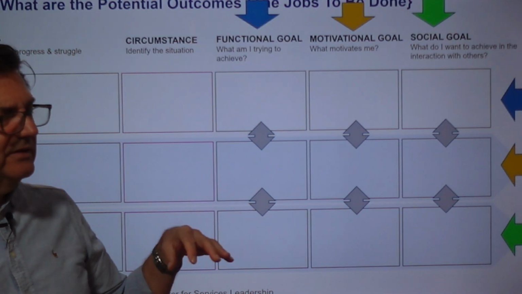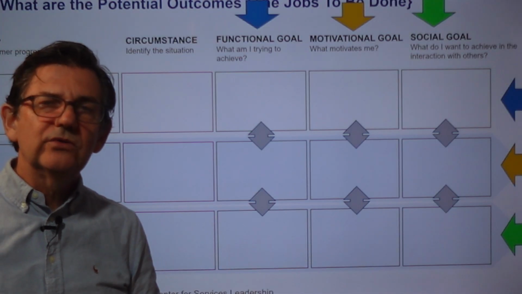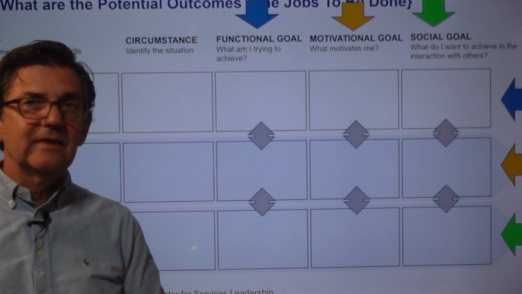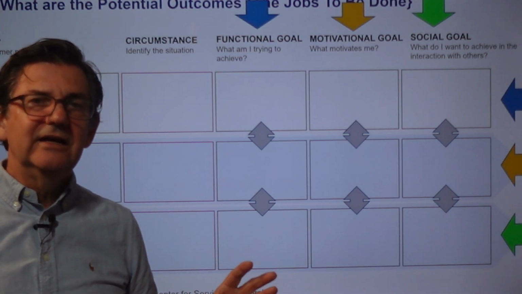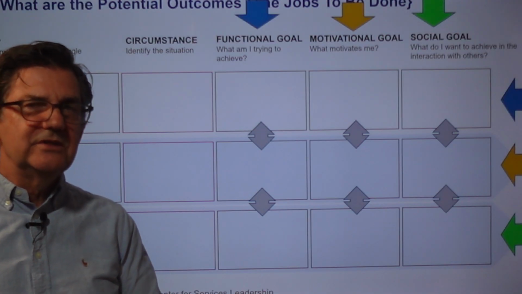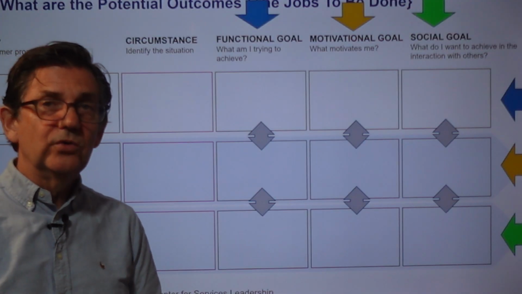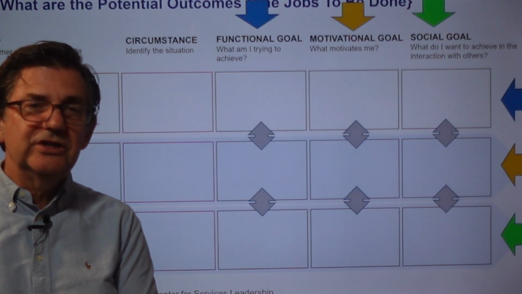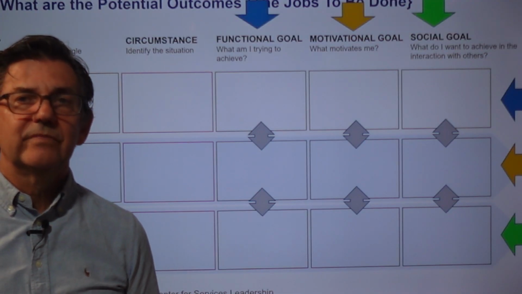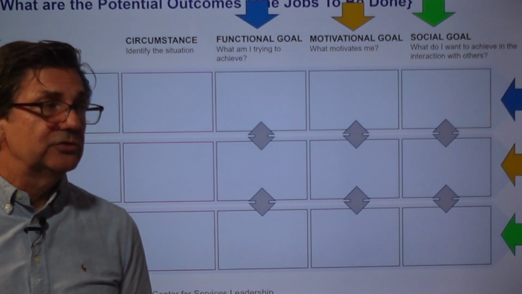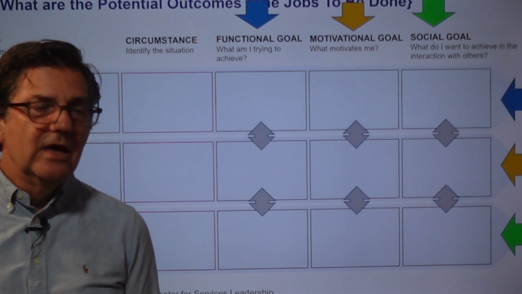The beautiful thing about this is that it helps us integrate all of these and understand if we're cognizant and congruent, or whether there's some disconnect between what our end user or our friend or whoever the beneficiary is trying to achieve and what it is that we are trying to do and what we want to achieve.